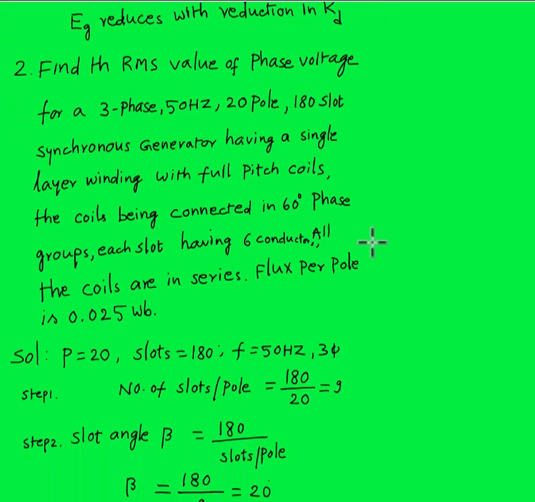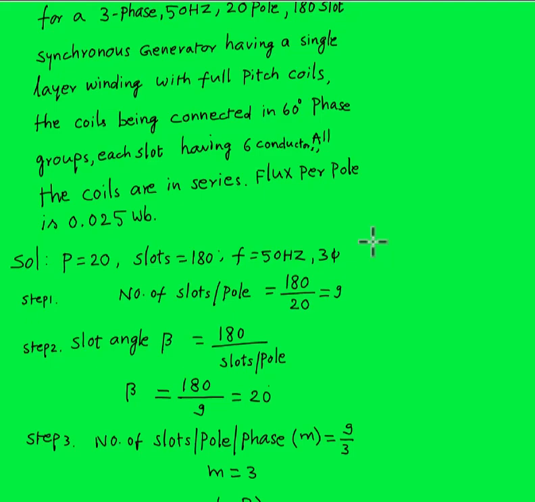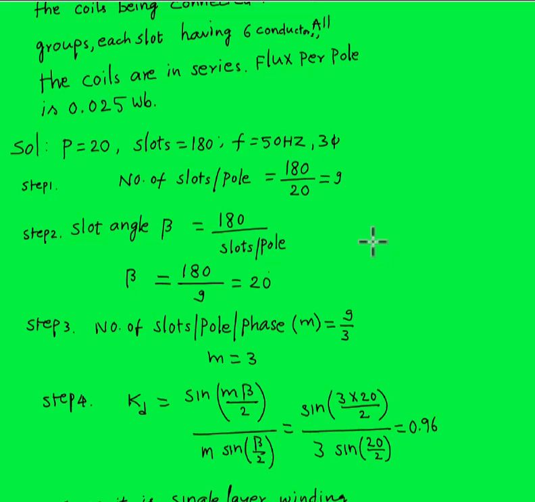After knowing the distribution factor and calculating the number of turns per phase, we have calculated the generated voltage with the formula 4.44 Kw phi f and number of turns per phase.